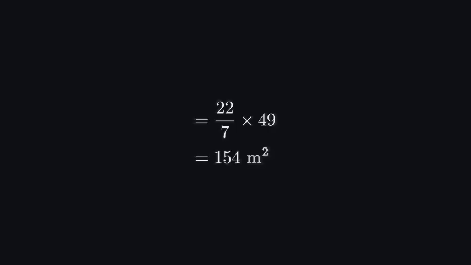Area of pond equals pi r squared, which equals 22 over 7 times 7 squared, which equals 22 over 7 times 49, which equals 154 square meters.